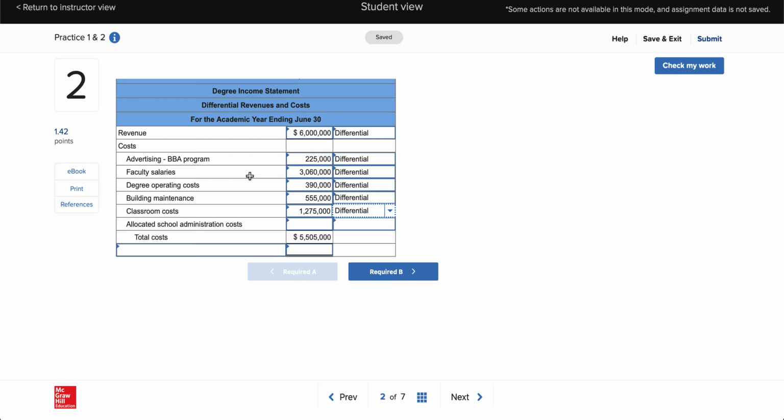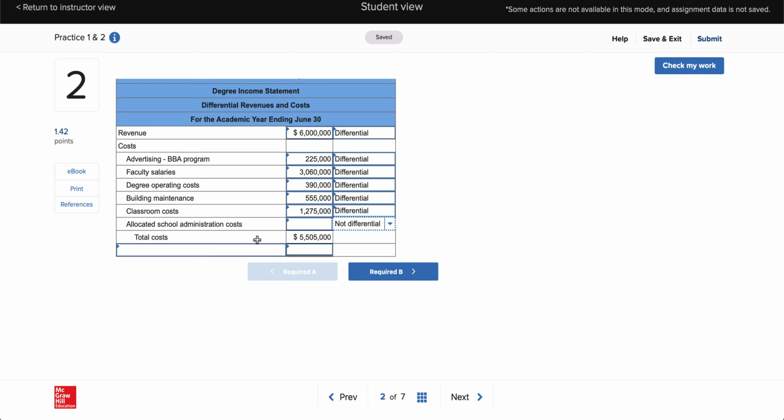Sometimes you can salvage some of that cost, but a lot of times when it's allocated, it's something that's happening at a higher level and it still has to be paid for, even if you eliminate a particular program, or if we're not dealing with the school, a product line or service line. So that is something that will not be eliminated, so it is not differential.